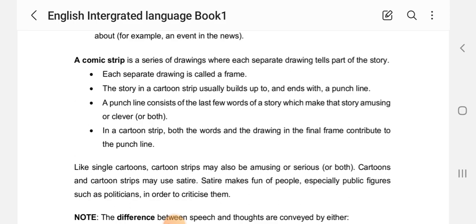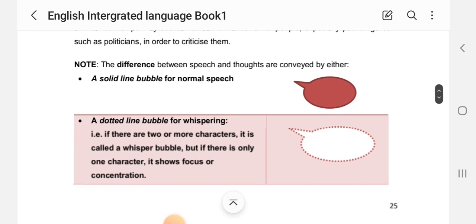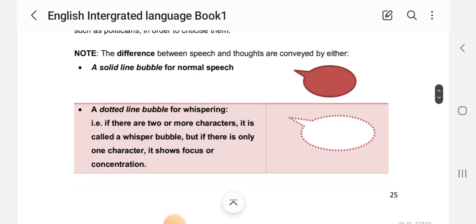Okay, so the difference between speech and thoughts is conveyed by either a solid line bubble or a dotted one. In a cartoon, there are instances where the person is thinking. The indication of someone thinking, we'll see by dots.